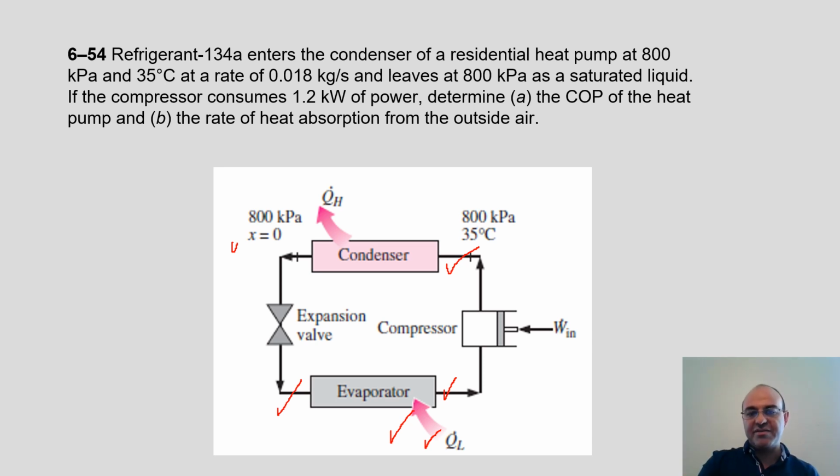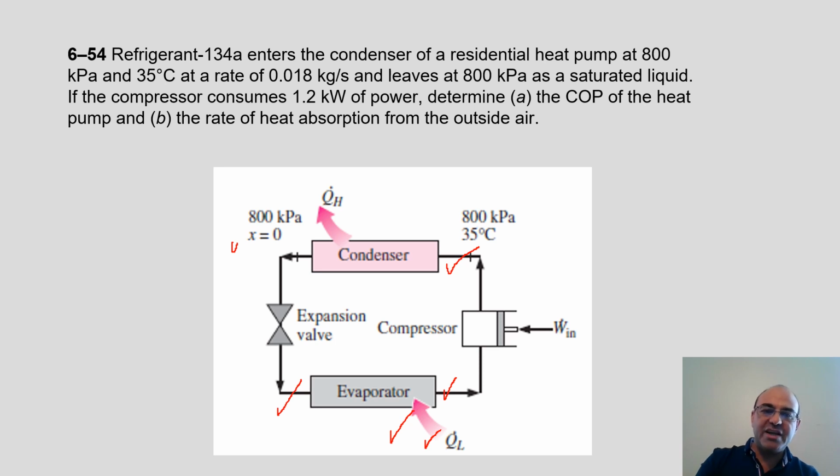At this time, 35 degrees C, it's almost ambient temperature, much higher than the temperature of the evaporator. Okay, so this was a good review of a refrigerator and also a heat pump. Now let's get back to the problem.